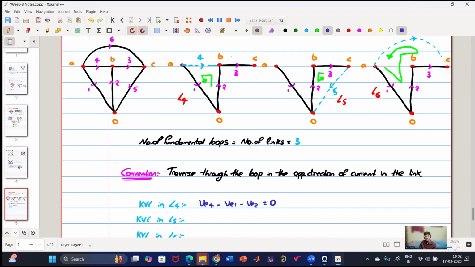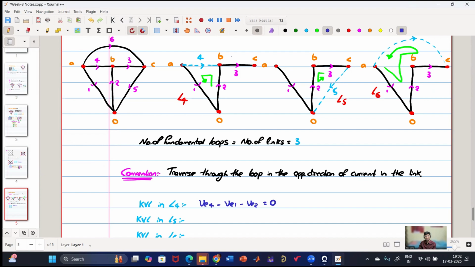How is current flowing? A to B or B to A? The voice is breaking. How is the current flowing? A to B or B to A? Current in element 4.